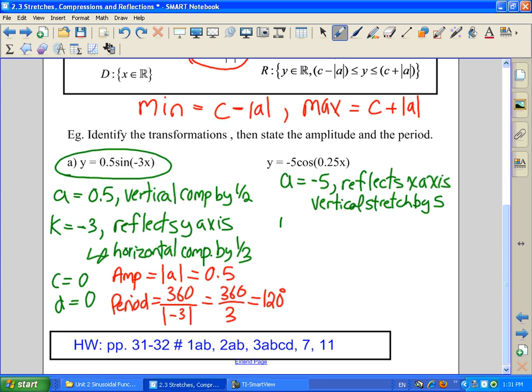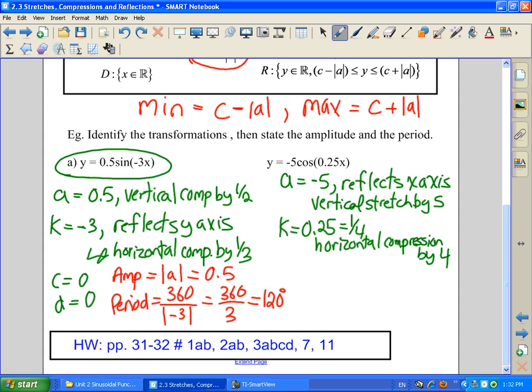K equals 0.25, which equals 1/4 if you like to deal with fractions, and that's going to give us a horizontal compression by 4.